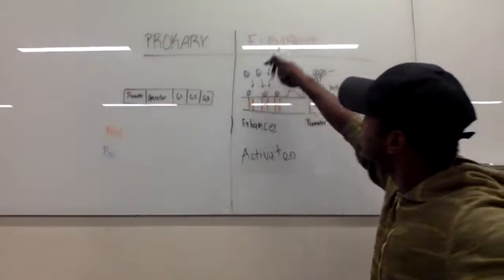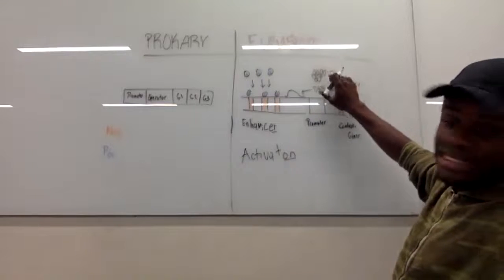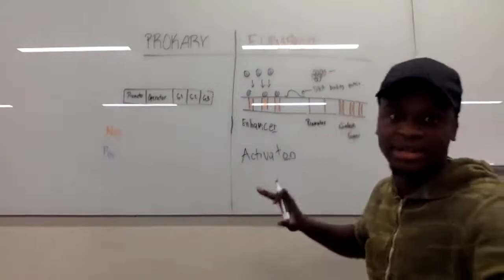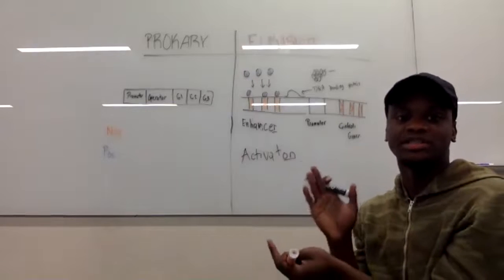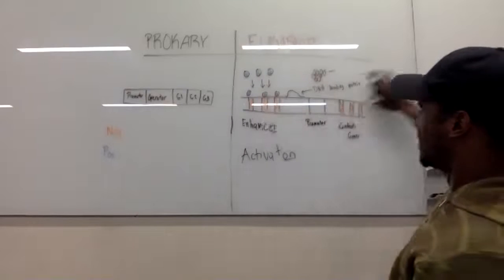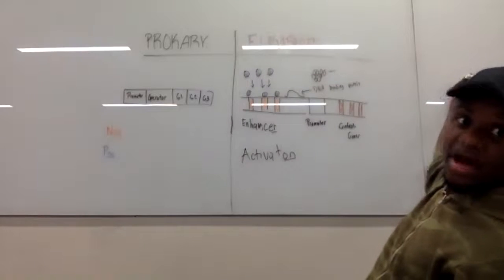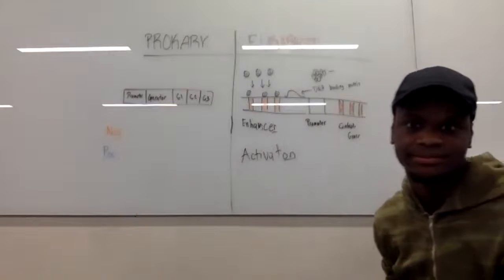The activators plus the mediator proteins, on top of binding at the promoter, are going to create a complex. That complex is where the RNA polymerase is going to bind. RNA polymerase 2 is going to bind, and it's going to create the RNA that's necessary for the expression of this gene.